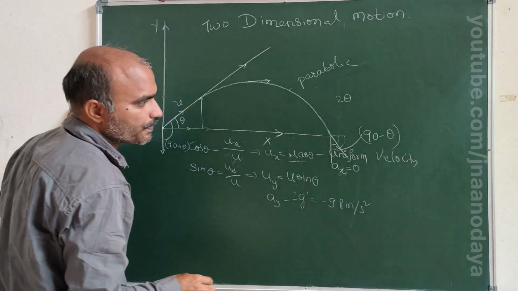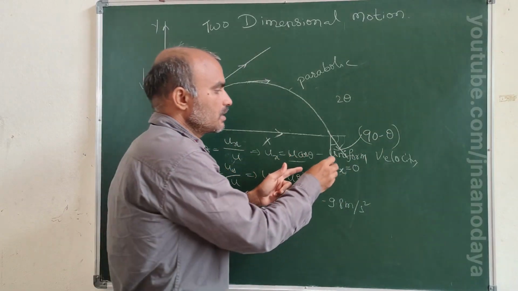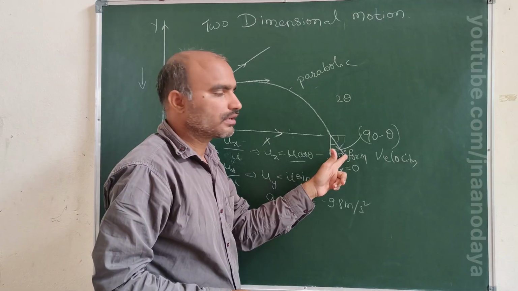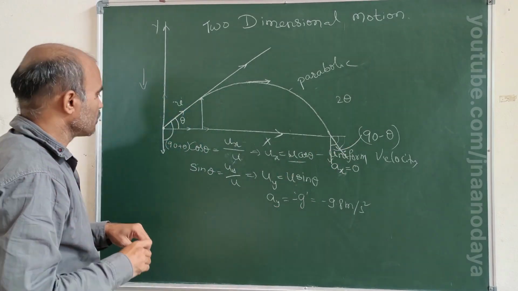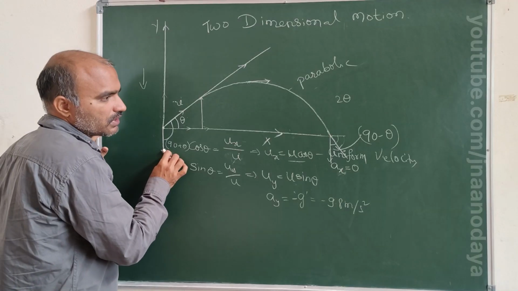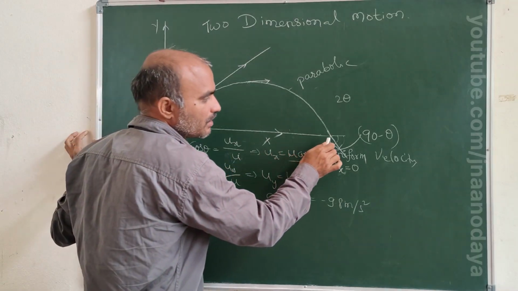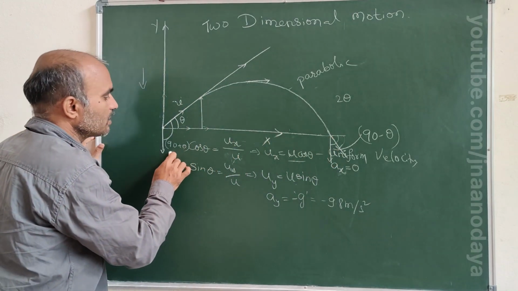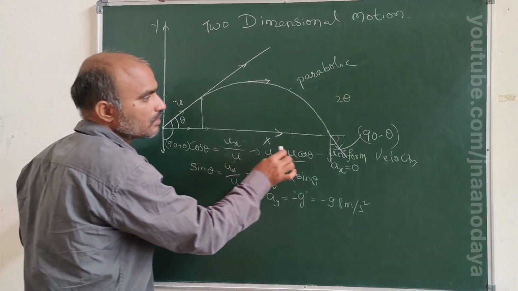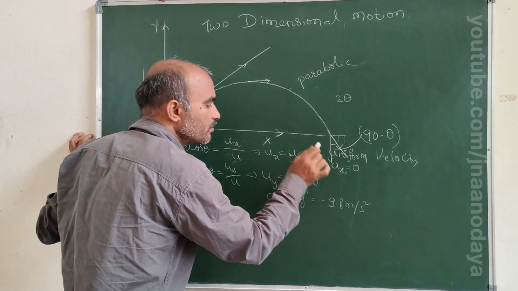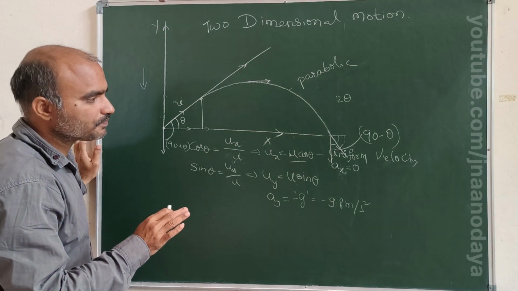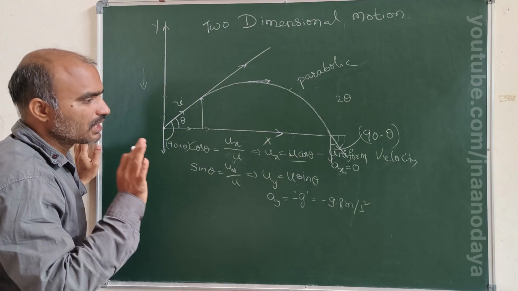At this point the angle made by the velocity vector with the acceleration is 90 minus theta, means from the point of projection to the final point where it reaches, the angle changes from 90 plus theta to 90 minus theta, provided that the angle is made with the acceleration.